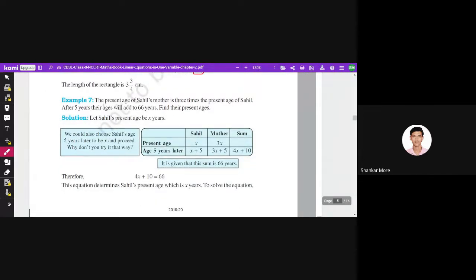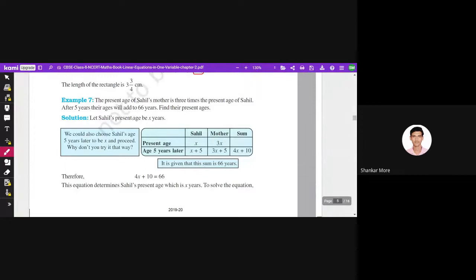The present age of Sahil's mother is 3 times the present age of Sahil. After 5 years, their ages will add to 66 years. Find their present ages. Now again, we need to read the question twice in order to understand it.